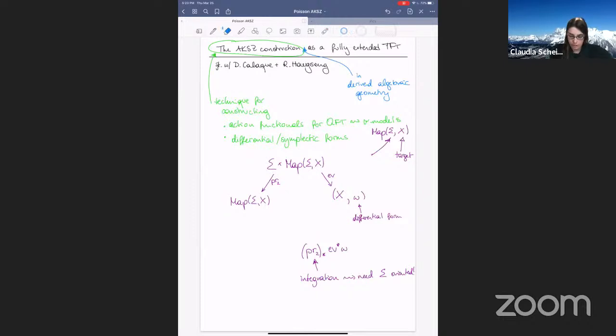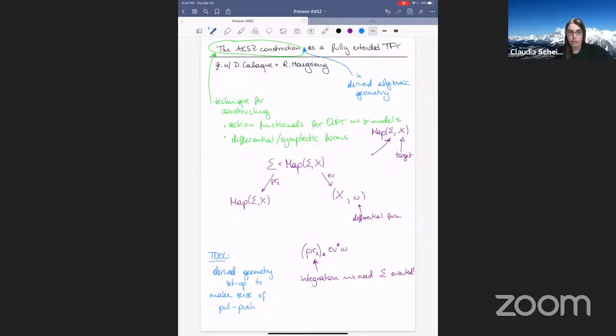And the tool is really, we want to be able to make precise this pull-push procedure. And for this, we need some sort of a derived geometry input. So that's somehow the underlying setup. So the main tool is some derived geometry setup to make sense of pull-push.